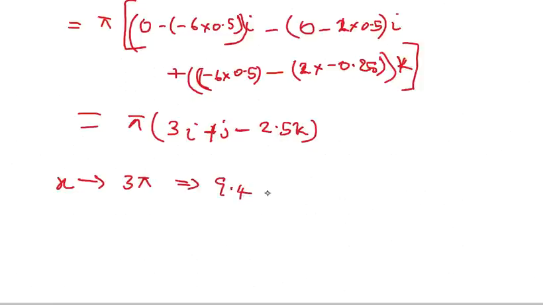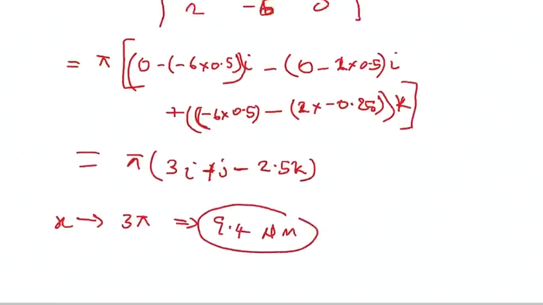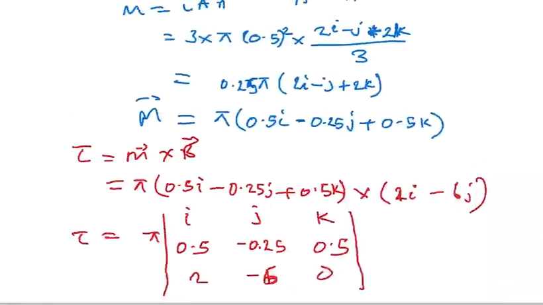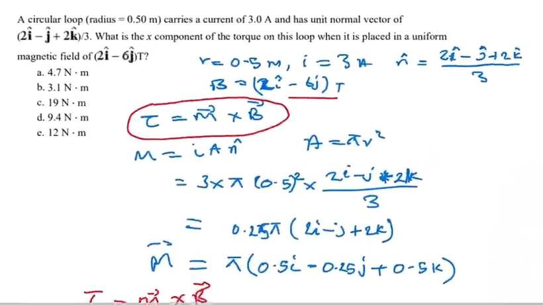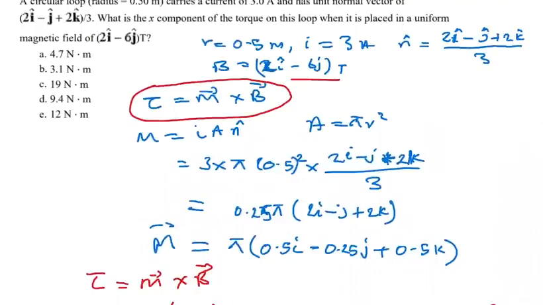Then the unit of the torque will be Newton meter. Let's go back to our options and see if our solution is correct. From the options, we can say that option D is the right answer.